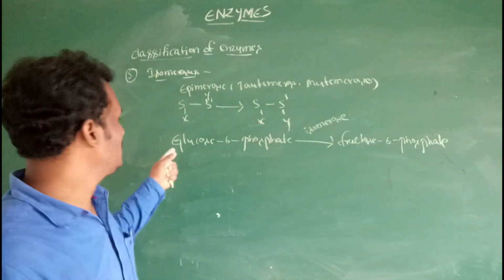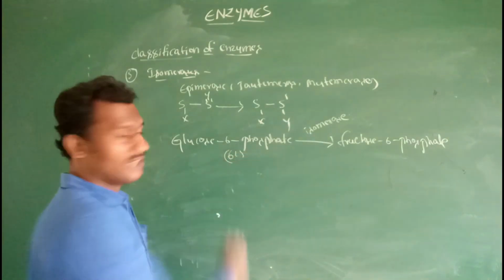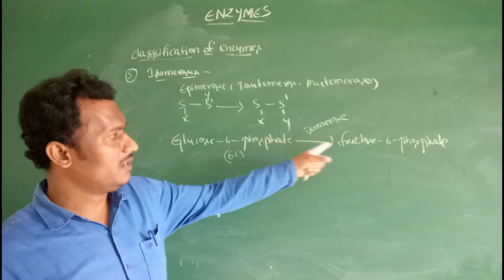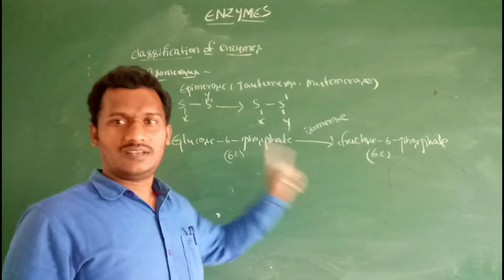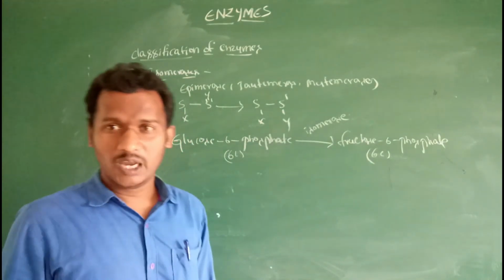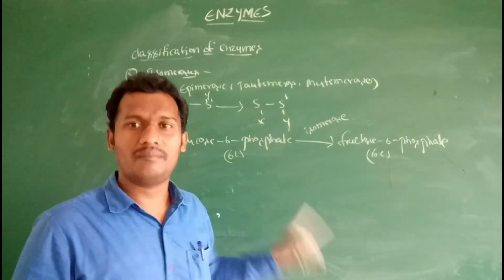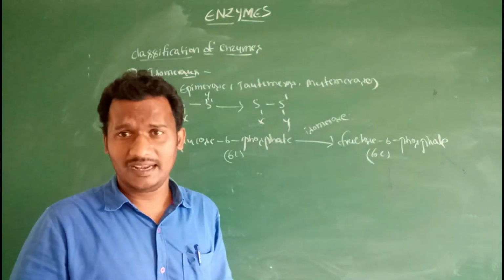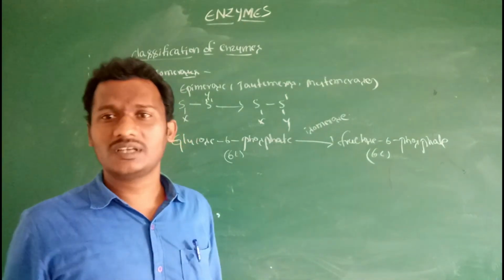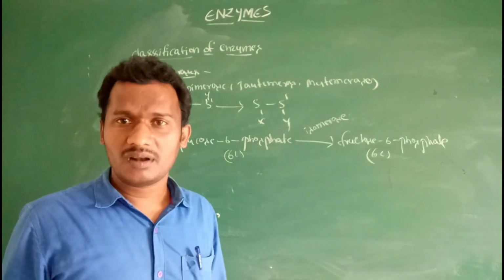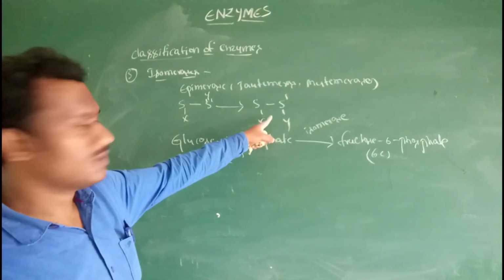Glucose 6-phosphate, a 6-carbon aldose sugar, is converted by the isomerase enzyme into fructose 6-phosphate, a ketose sugar. That means an aldose sugar converts into a ketose sugar. The same 6 carbons are present, but the arrangement is different in the aldose and ketose sugars. Both have the same amount of energy and the same number of bonds, before and after the isomerization.